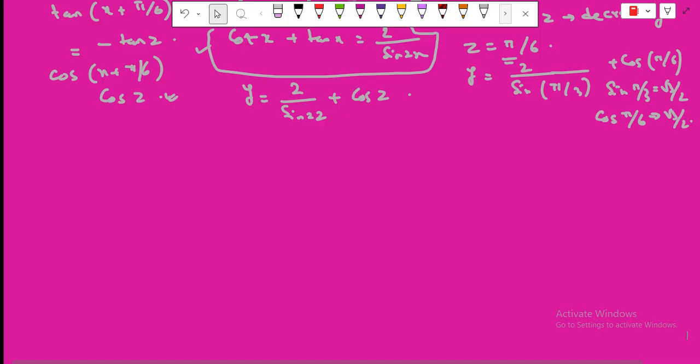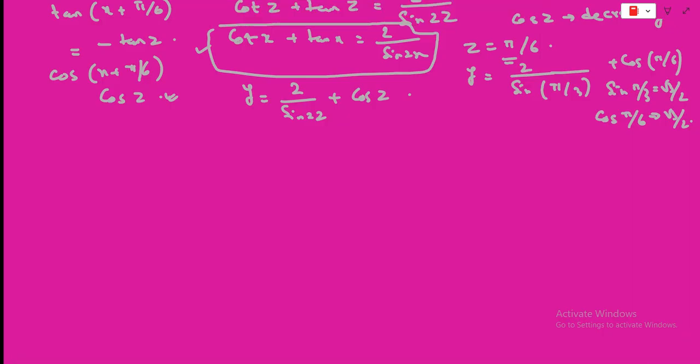So we get y = 2/(√3/2) + √3/2. So this will be equal to 4/√3 + √3/2. Now take the LCM.